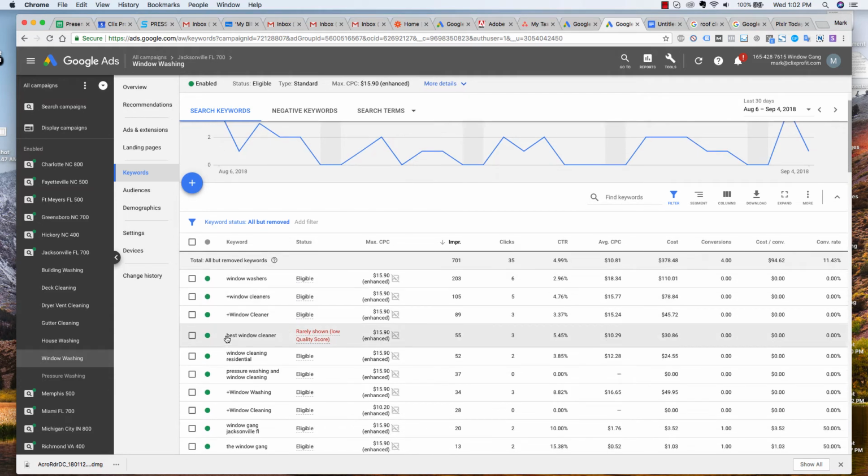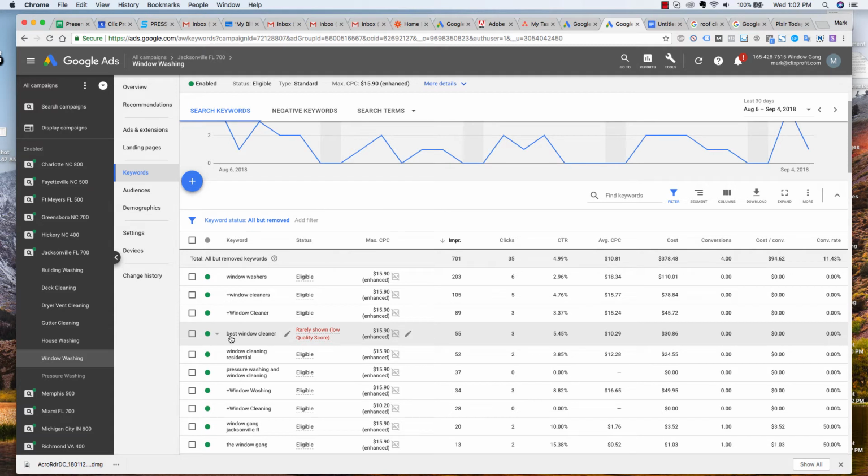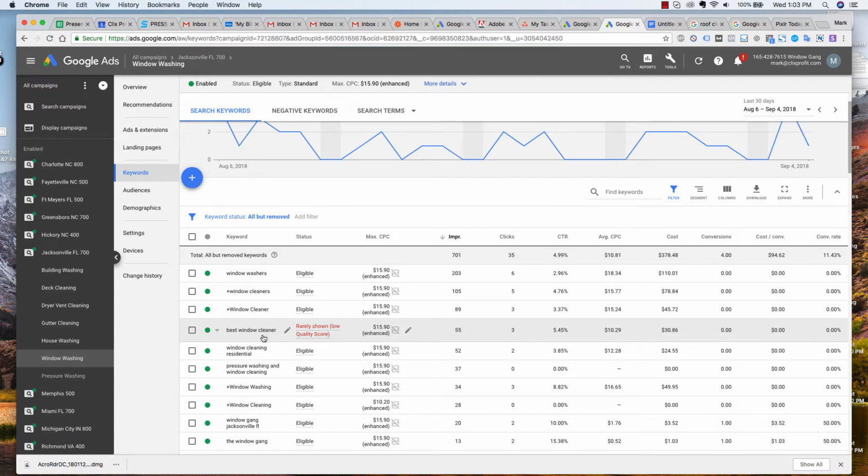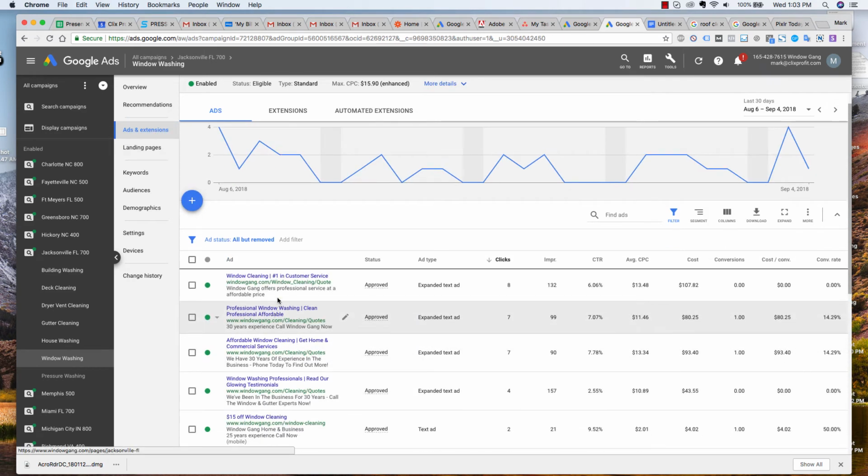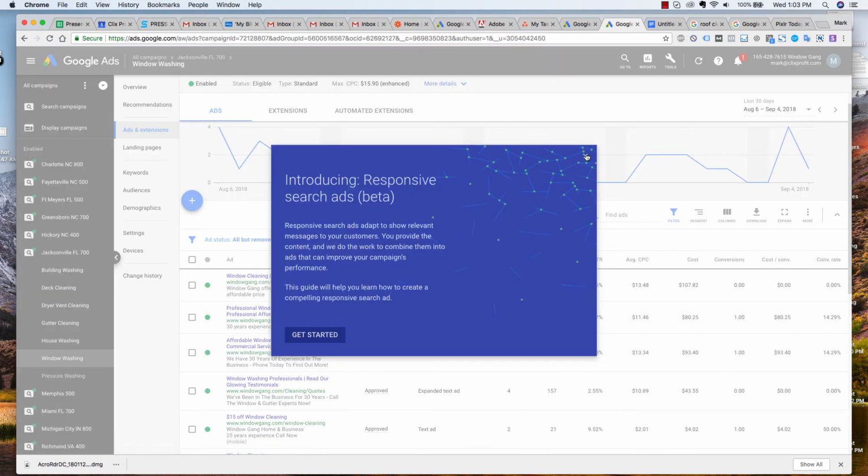So remember when I was talking about keywords and key phrases? These are the keywords that you actually add into your own account. And when one of these keywords is triggered, it's going to show one of these ads.